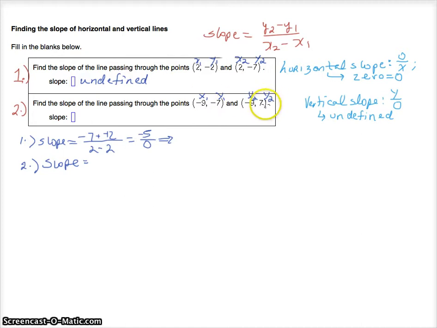So we're going to have y2 minus y1, so 7 minus -7 over x2, -9, minus x1, -9.